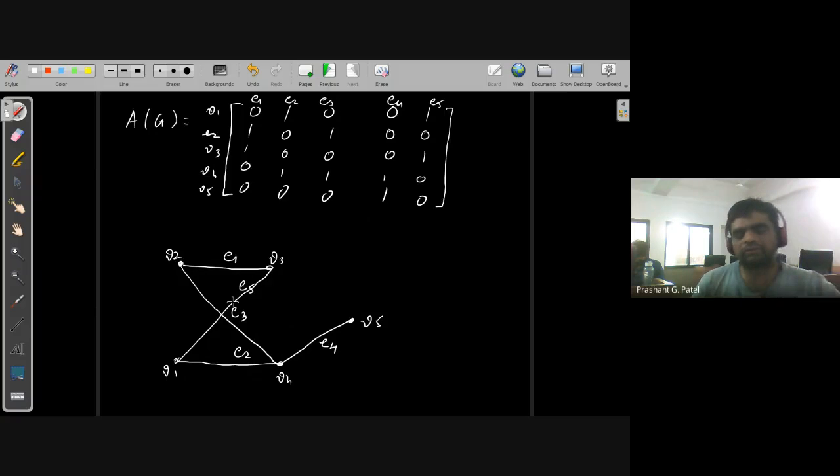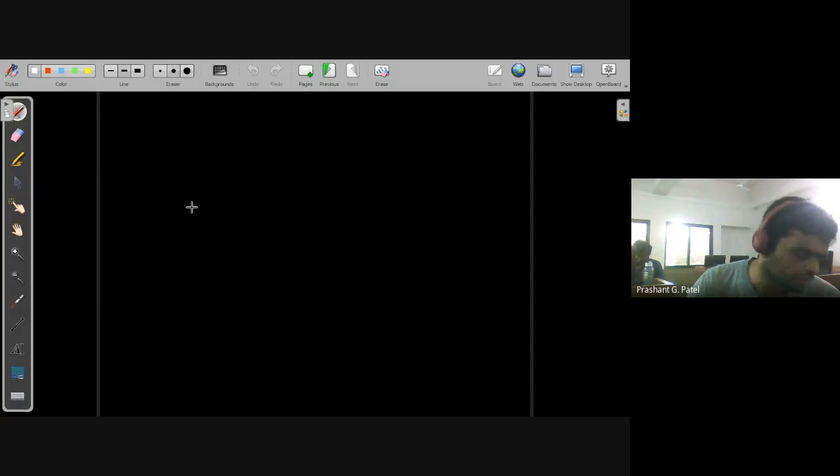So this is the corresponding graph, or if you plot it in a different manner, it is isomorphic to this graph. Okay, so this is the incidence matrix. What are the properties of the incidence matrix you have observed here? Can somebody tell me some properties of the incidence matrix?